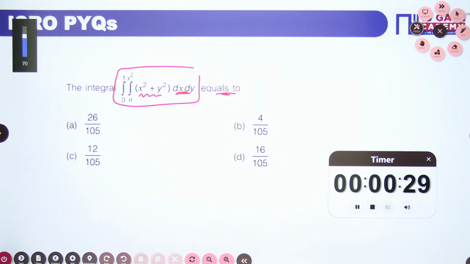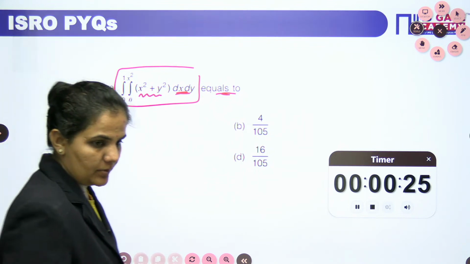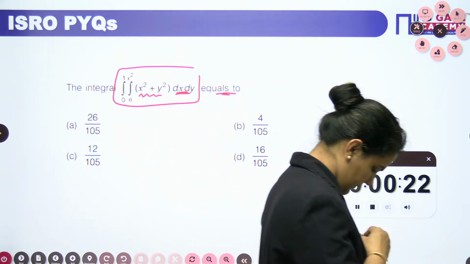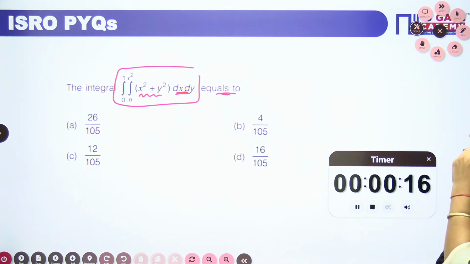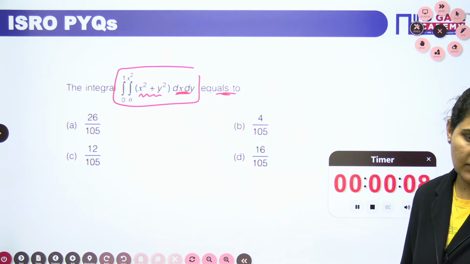Go for it, dear students. A very simple approach can solve the question. Integration 0 to 1, 0 to x square, of x square plus y square dx dy.